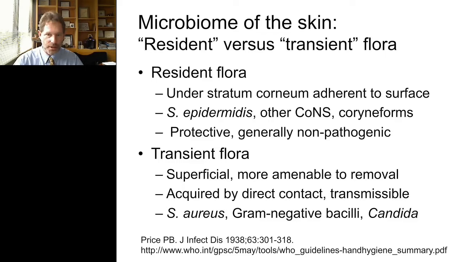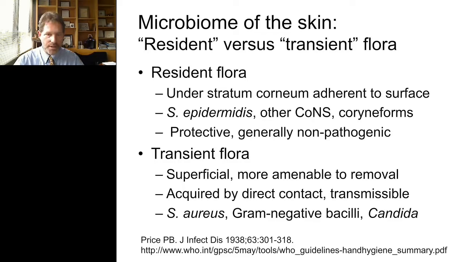They're very adherent to the skin surface, maybe live under the stratum corneum. These are organisms that are relatively low virulence, like coagulase-negative staph, including Staph epi, corynebacteria, or diphtheroids. And these are felt to be protective, part of the healthy microbiome of the skin, and generally non-pathogenic.